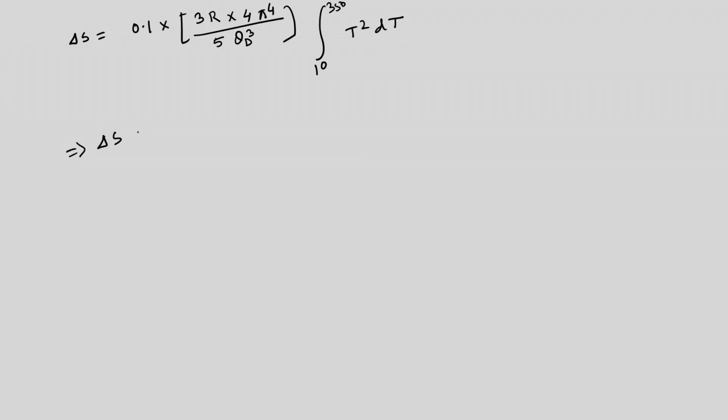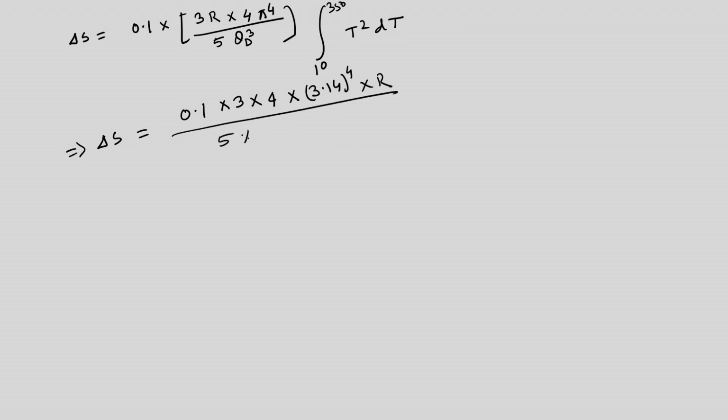So, we get delta S is 0.1 times 3 times 4 times 3.14 to the 4, that is the value of pi, times R by 5 times 2230 cubed times 1 by 3 times (350 cubed minus 10 cubed).